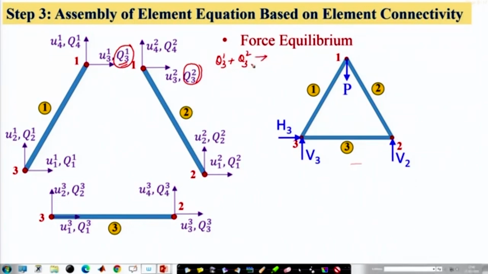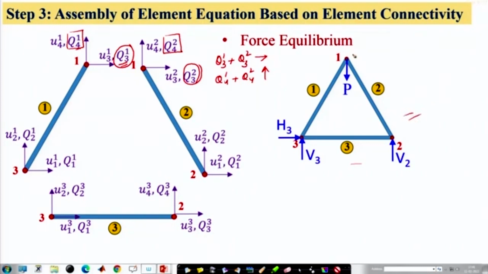Now, let's see the other direction. At node number 1, the force is this, and from the other element, the force is this. Then the total force will be Q41 plus Q42, in the other direction. Now compare these forces with the forces in this free body diagram.